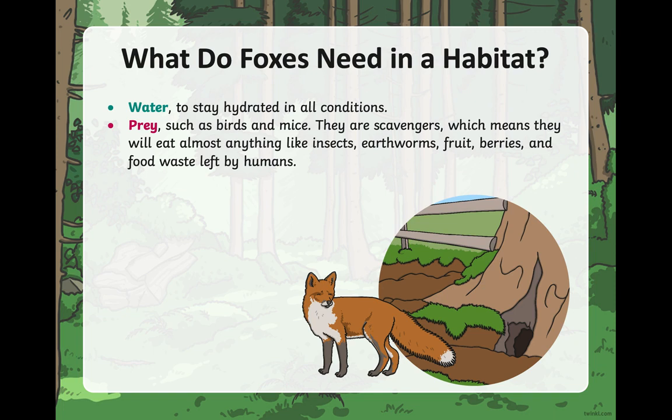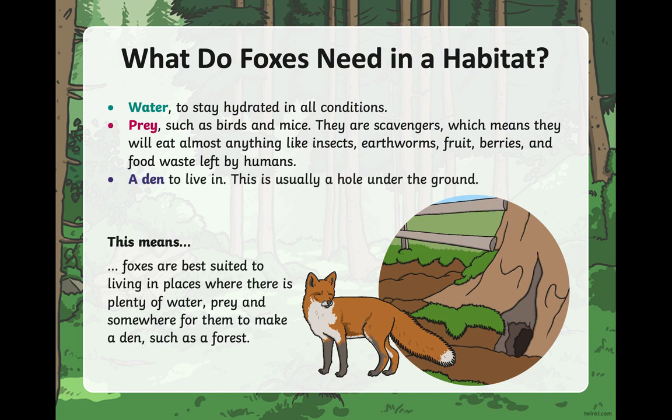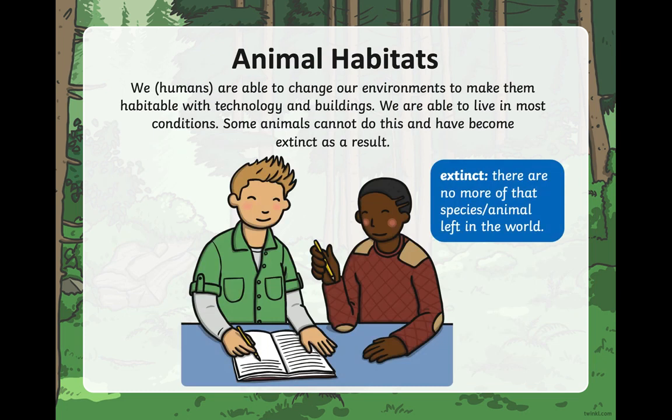They're scavengers, which means they will eat almost anything, like insects, earthworms, fruit, berries, and food waste left by humans. Then a den to live in, usually a hole under the ground. This means foxes are better suited to live in places where there's plenty of water, prey, and somewhere to hide.